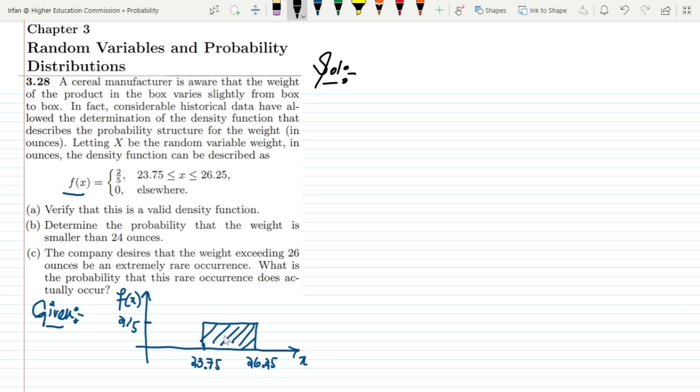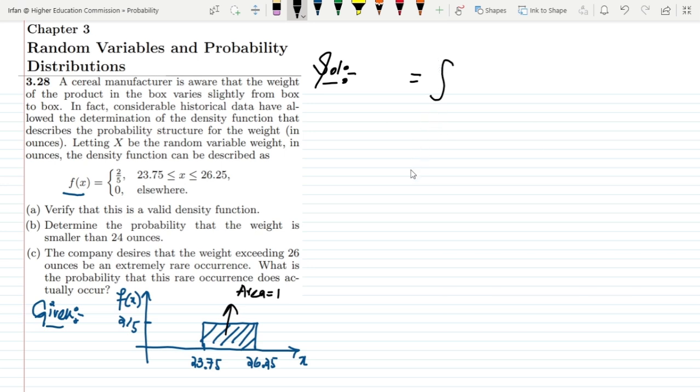The overall area here should be equal to 1, which is the cumulation of all the probabilities that lie in between these ranges. As this is a continuous random variable, in order to find the area we can use the integration.